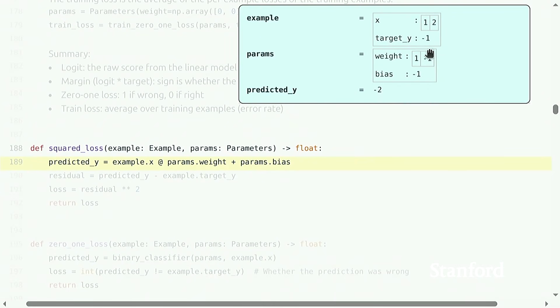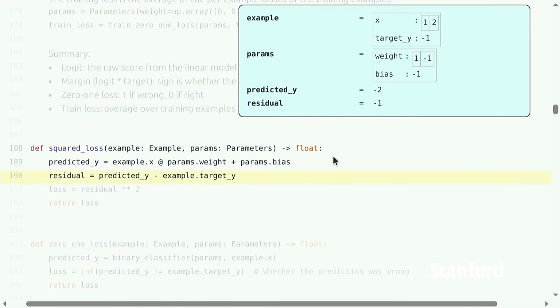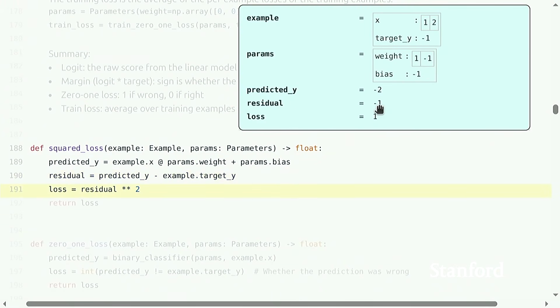The target is -1. So we sort of missed. We're close, but we missed. The amount by which we missed is the residual, which is -1. And if you square the residual, that's why it's called the squared loss, you get a loss of 1. So we would suffer a loss of 1 on this example if I had these parameters.